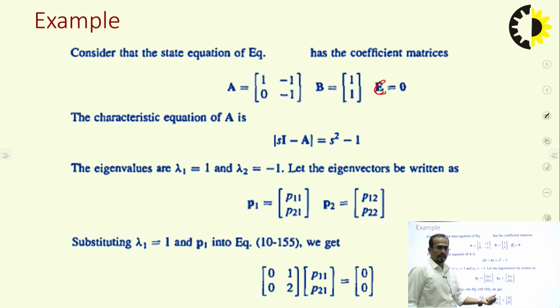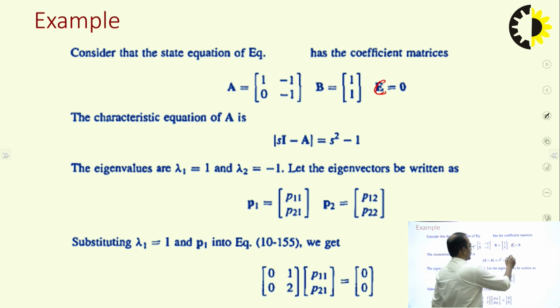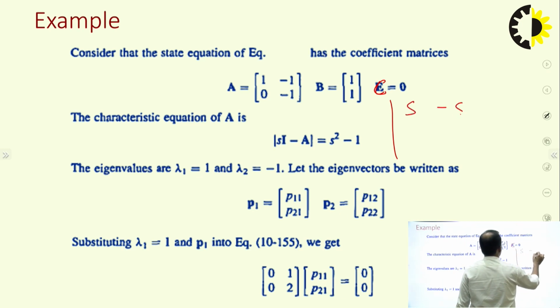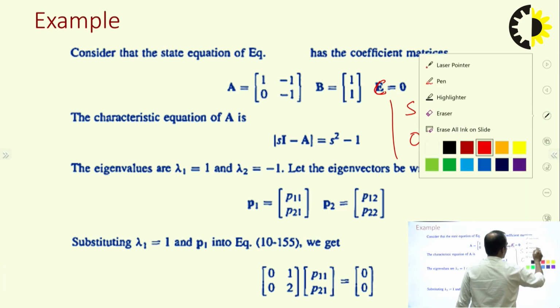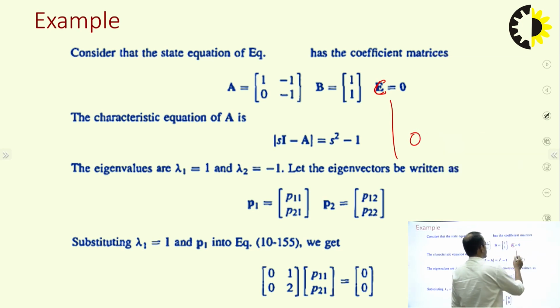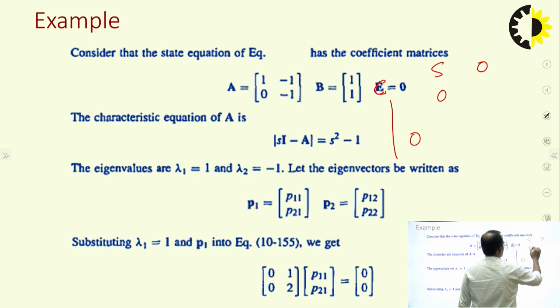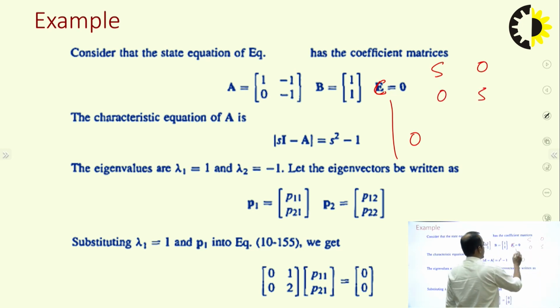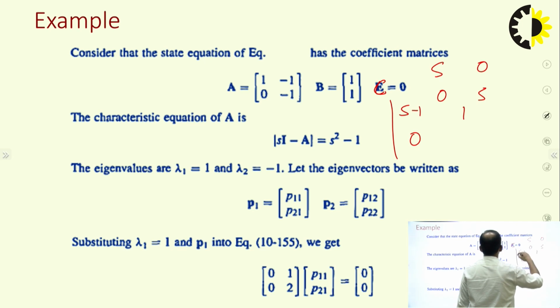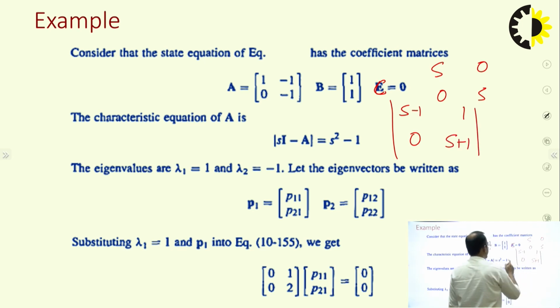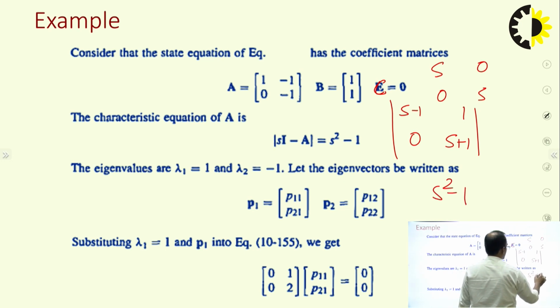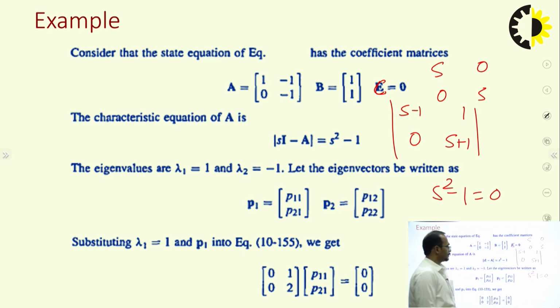The modulus of sI - A. Writing sI - A as the matrix with entries s, 0, 0, s minus A, I get 0, 1, s + 1. This will give s² - 1 = 0, so |sI - A| = s² - 1.